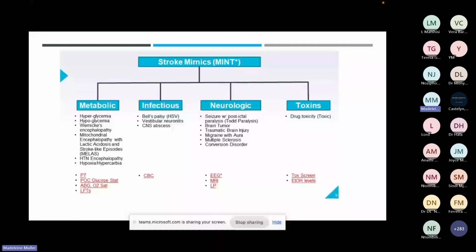Patients with hyperglycemia can also present with neurological symptoms. So we've got Bell's palsy on there under the infectious, and then also drugs and toxins, like I said, like the amphetamines, that also can cause those symptoms.